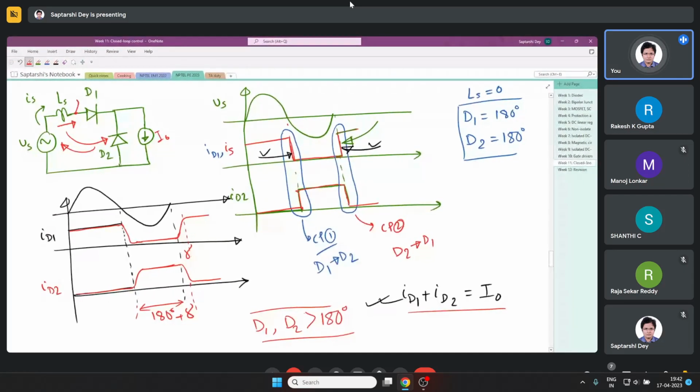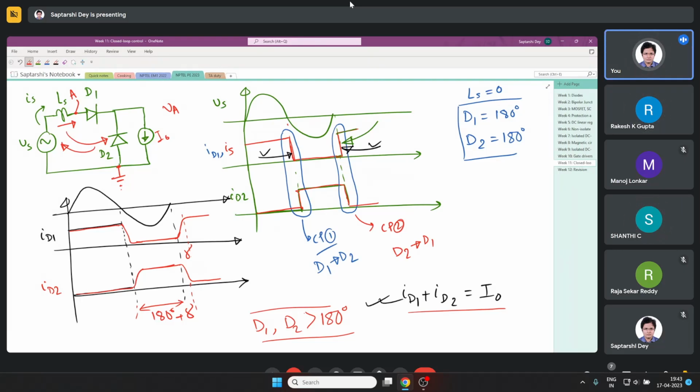If I consider this as ground, then the potential of this point, I write VA. These two diodes are in common cathode configuration, so whoever has the higher anode voltage will conduct.